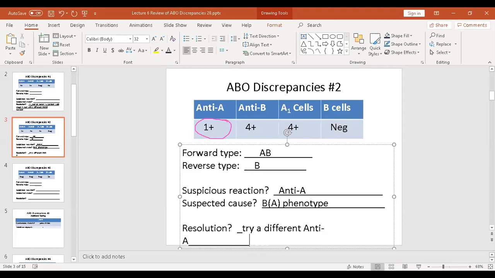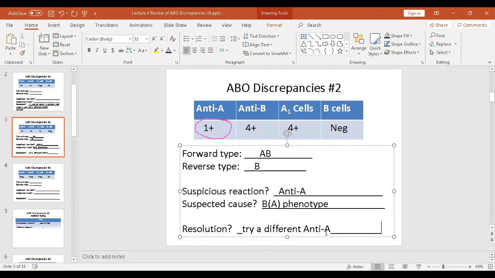By trying a different anti-A reagent, similar to the last case where we tried a different anti-B reagent as one of our solutions, some manufacturers have anti-A that won't react with this B(A) phenotype. So they really don't have A antigen, it's just looking like a weak reaction when we do our testing. And that's going to resolve everything, and they will truly be type B both ways.